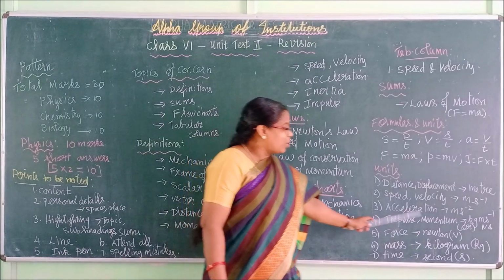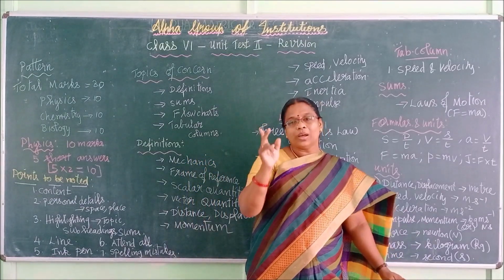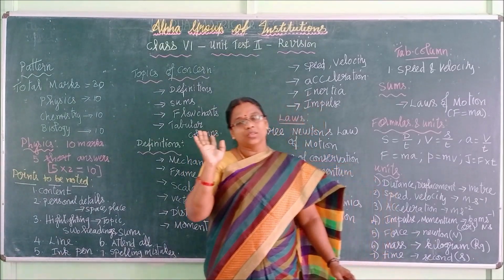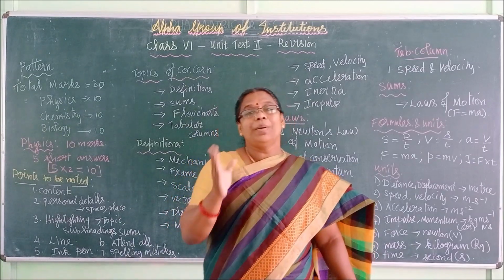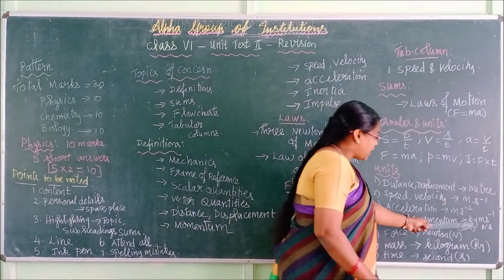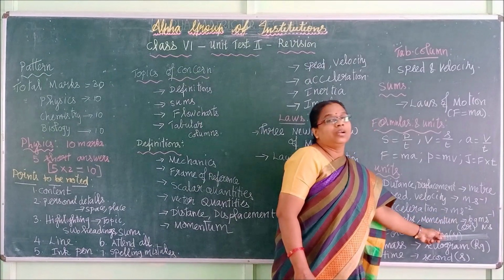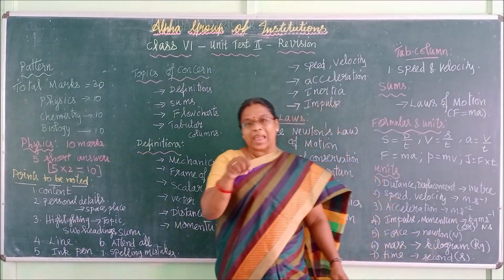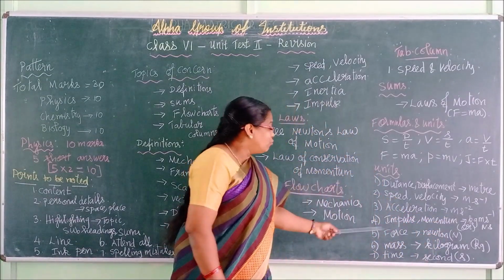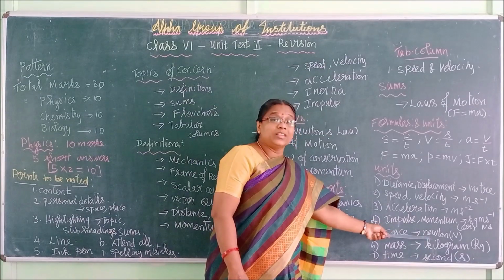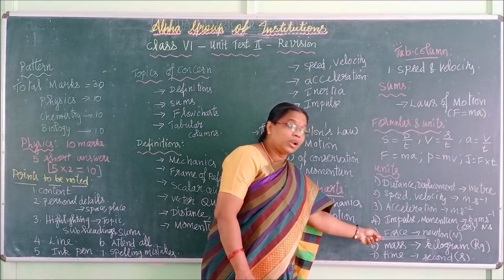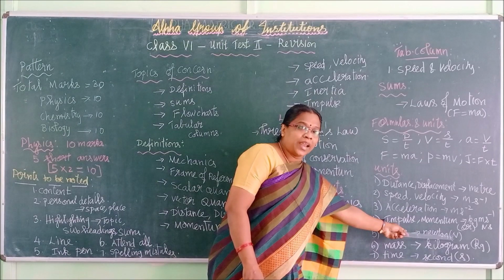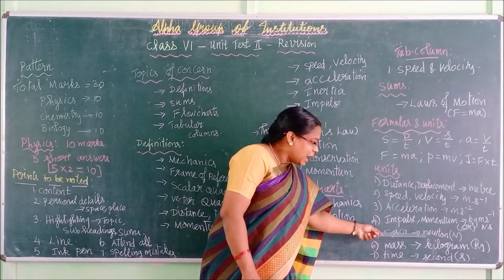Impulse and momentum are simple. Both of them have the same units: kilogram meter per second, or Newton second. For force, Newton. When you are writing it like this, start with small n. Symbol means capital N. So don't start with capital N here.